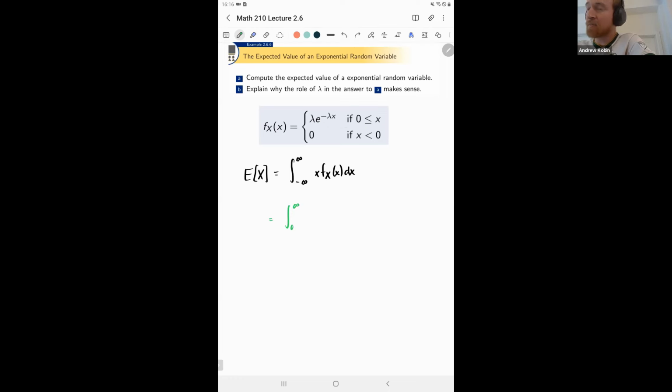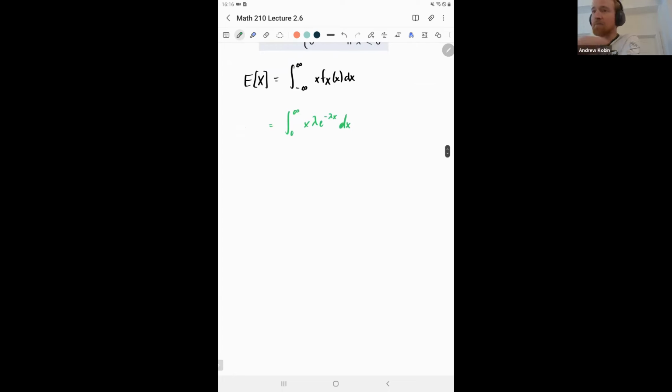There are positive probabilities in this function for all possible x values. If you look at this function closely, it's never 0 again. So I want to integrate x times lambda e to the minus lambda x dx. And this is an improper integral. I don't get to just integrate from 0 to 3, for example.